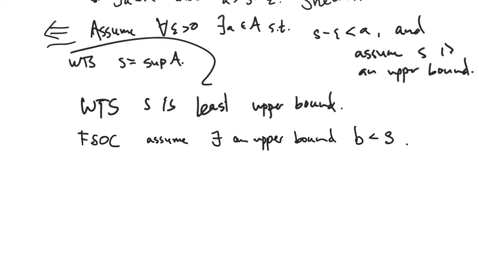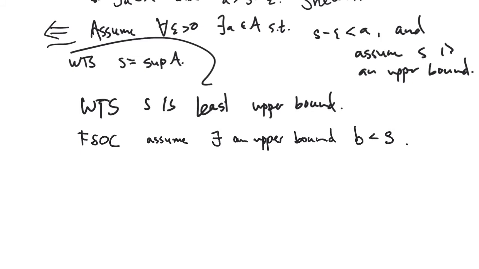All right? If S is not the least upper bound, that means that there's another upper bound which is less than S. And so I'm going to assume that there is another upper bound, B, which is less than S. Sorry, my paper says something wrong.